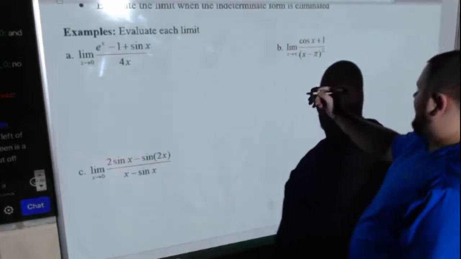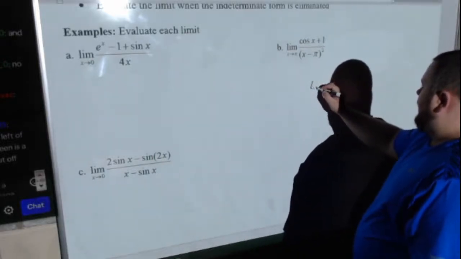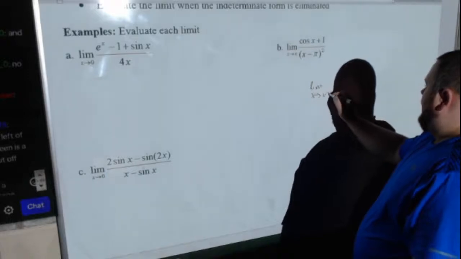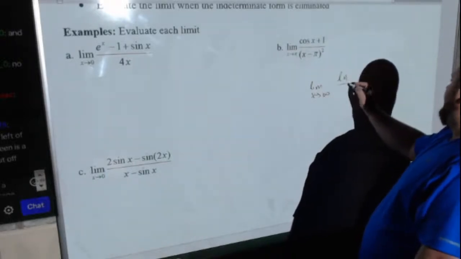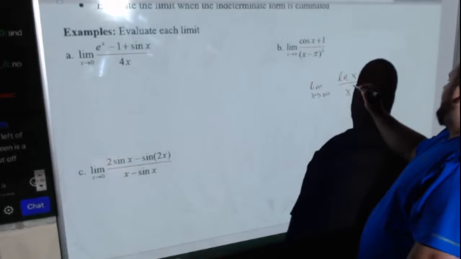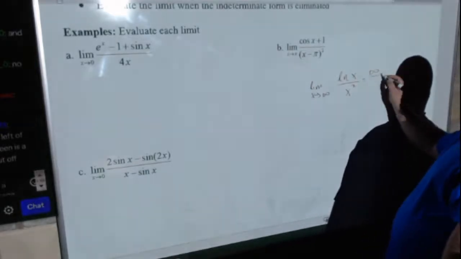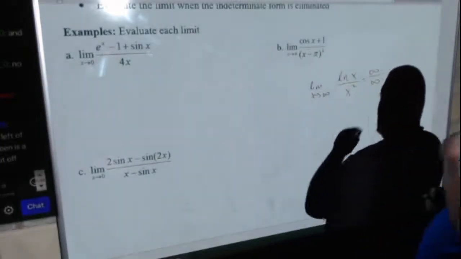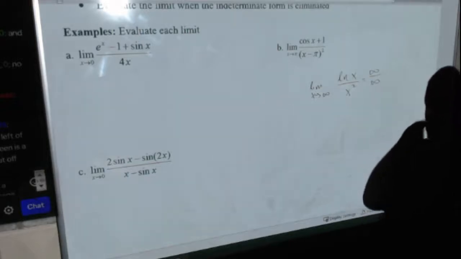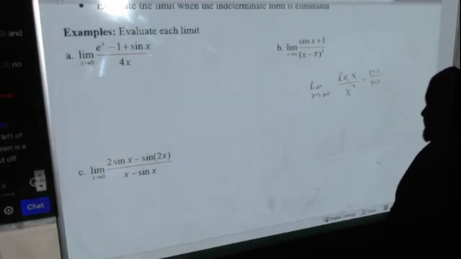So if we had that, this would be infinity over infinity. So that's another form that says you can go ahead and use L'Hopital's rule.